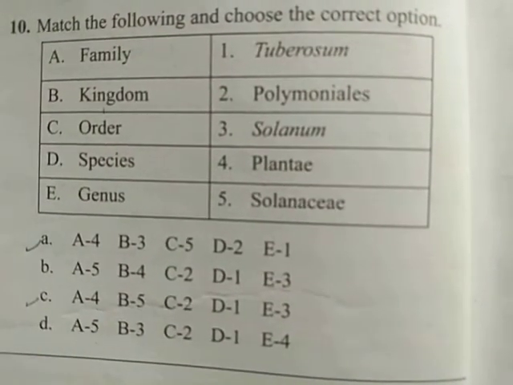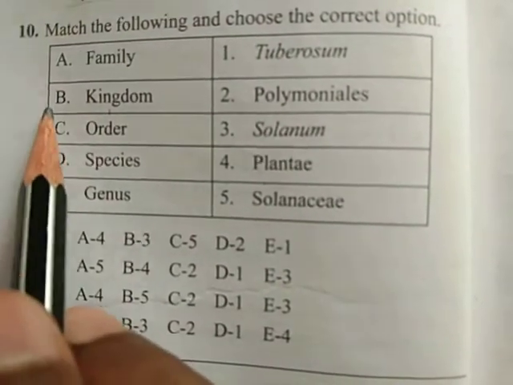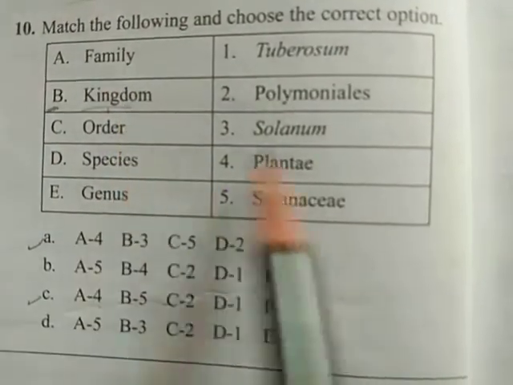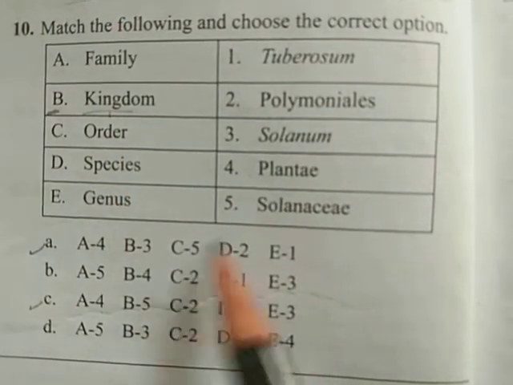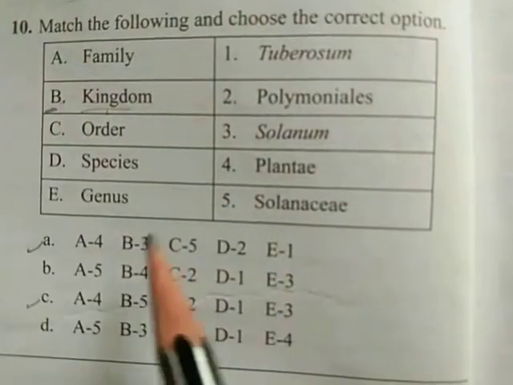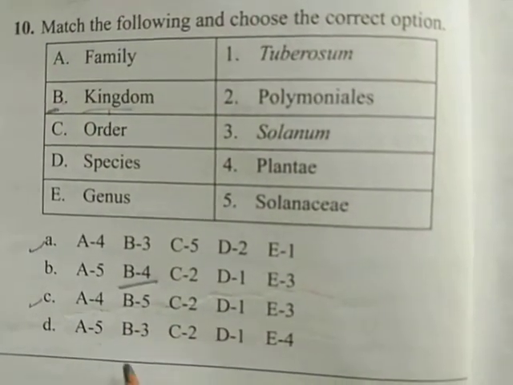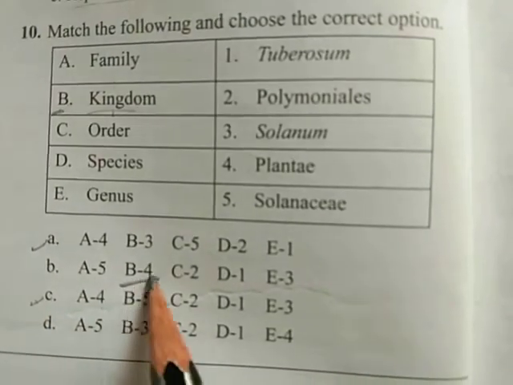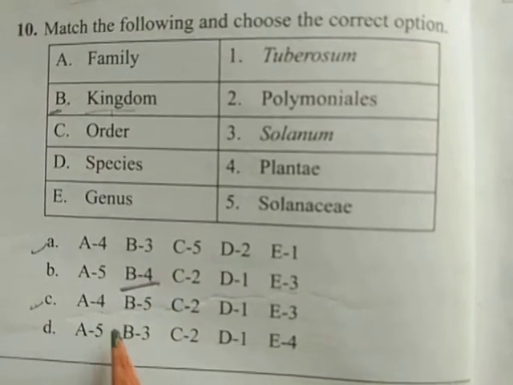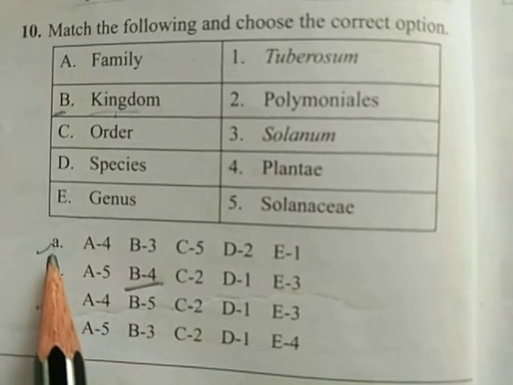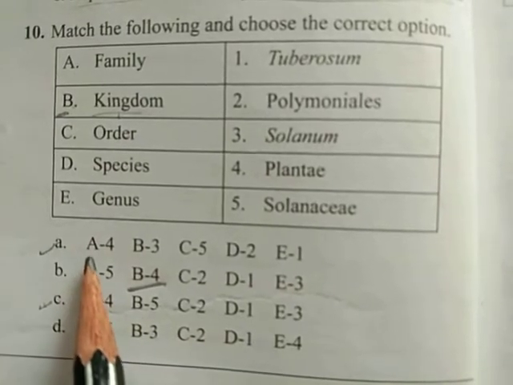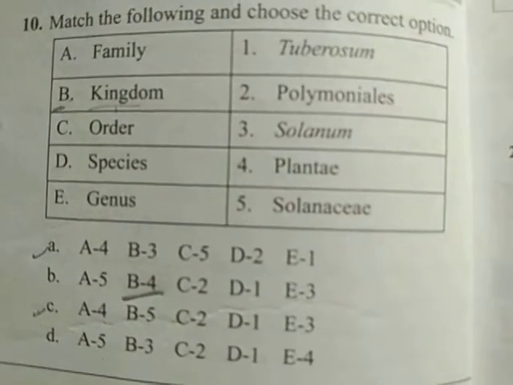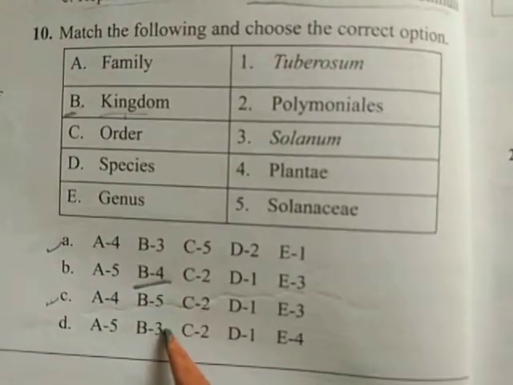B4. Sorry, here you can observe B. First you are choosing B, no? So B4 you can select. This one we have selected, right? But here there are no more options for 4.